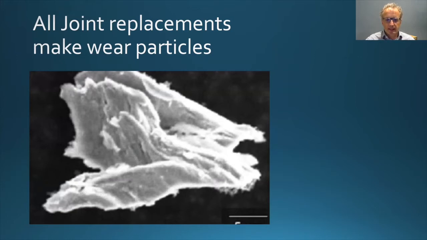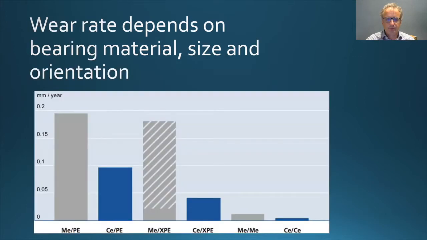This is a scanning electron microscope image of a piece of plastic out of a hip. How much wear depends on the bearing material, size and orientation of the components, as well as what the patient puts the hip through. So this is how far the hip replacement creeps, or the longitudinal wear in the hip.